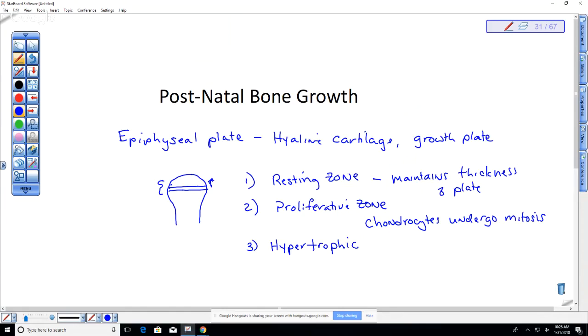So we have an increase in the size of the lacuna. So that's hypertrophic. And then we have the calcification zone.